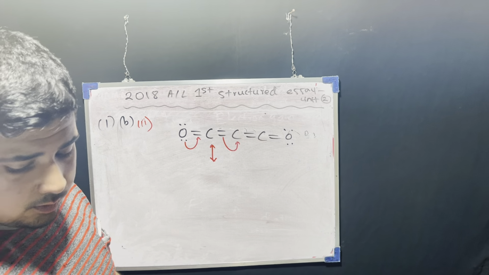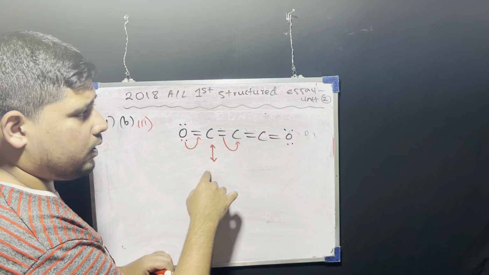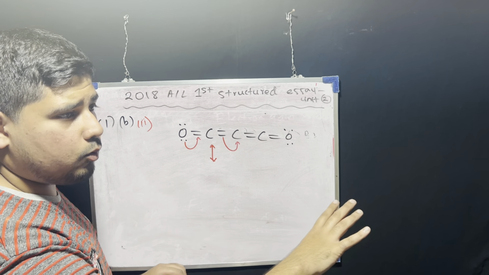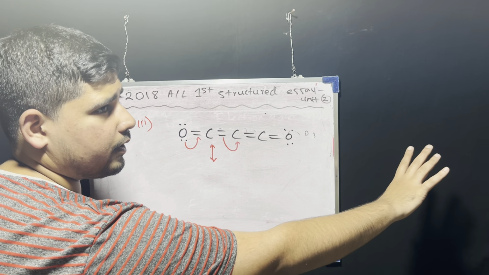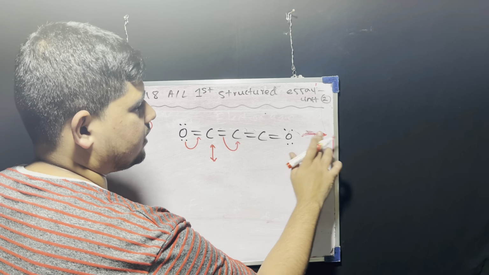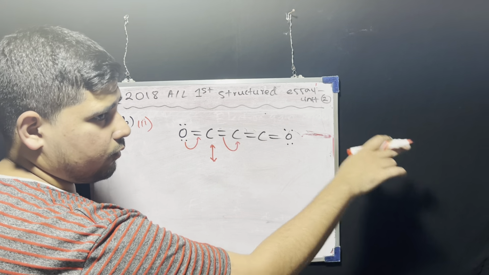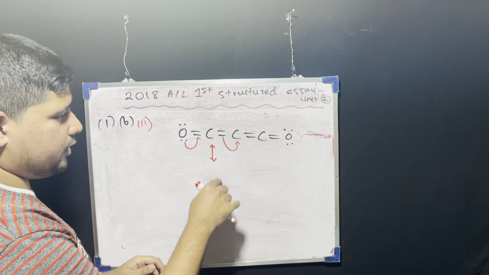Now to separate the resonance structures, we should show this type of symbol. When you are writing in your writing book, you will write the resonance structures in this order, and you should put the symbol like this. But as I do not have any space there, I am writing it below. So I have put the arrow like this.